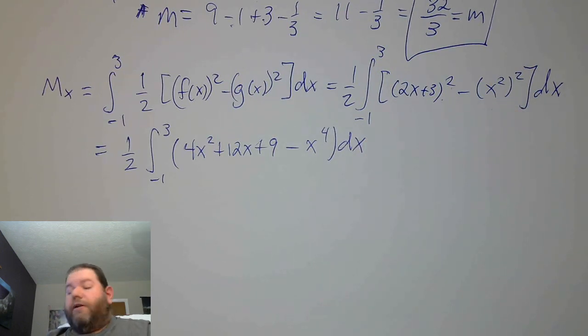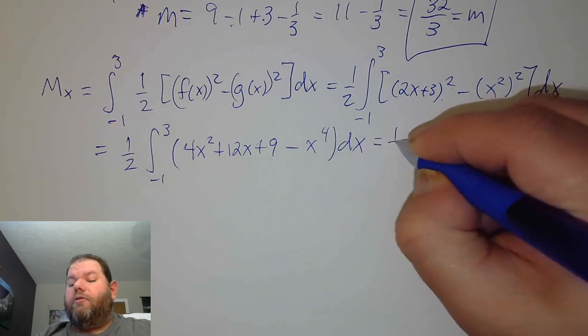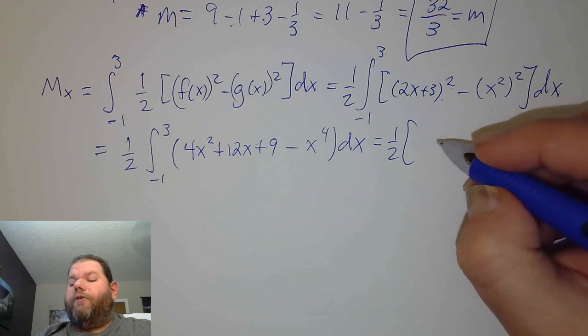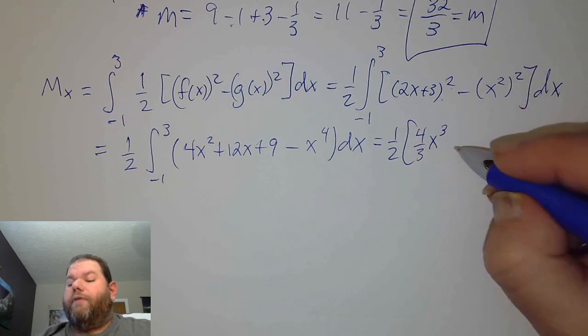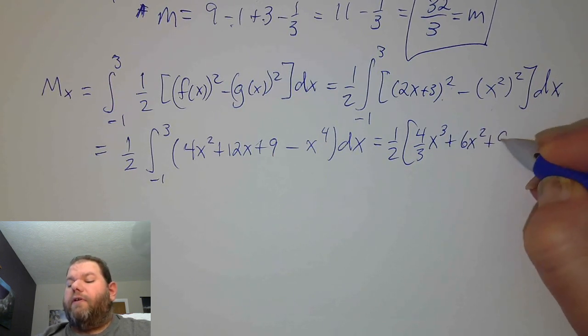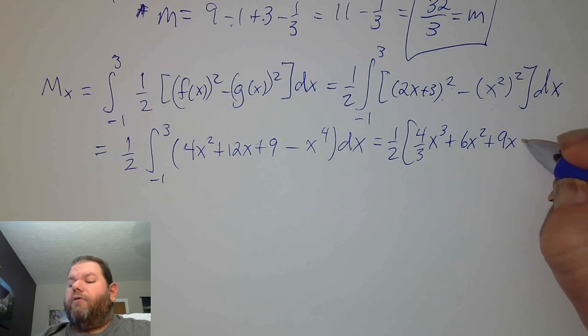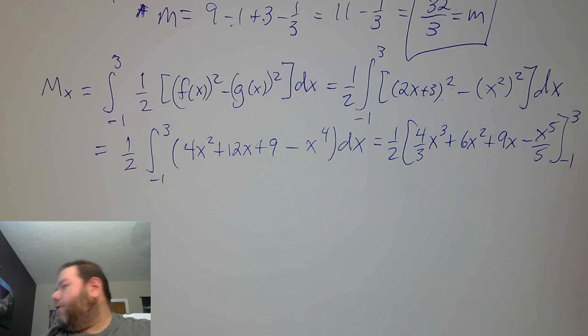And then we can go ahead and integrate that expression. 4x squared is 4/3 x cubed. 12x is 6x squared. Integral of 9 is 9x. And integral of x to the 4th is x to the 5th over 5. And that's from -1 to 3.